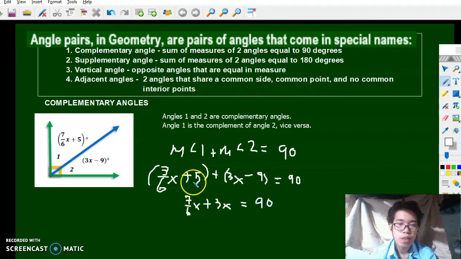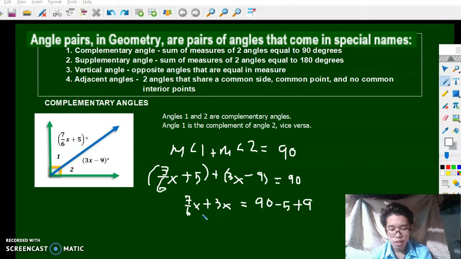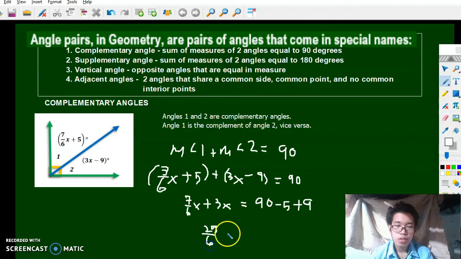The plus 5 on the other side, we have to transfer that, it's going to be minus 5, and then minus 9, that's going to be plus 9. So 7 over 6 plus 3, that's 25 over 6x is equal to, what's 90 minus 5? That's 85 plus 9, that's 94.